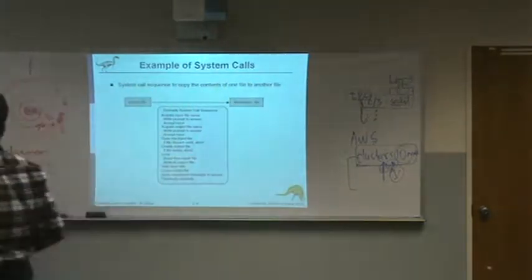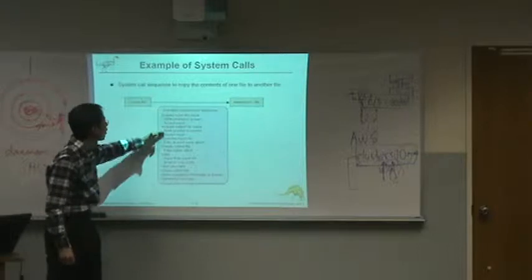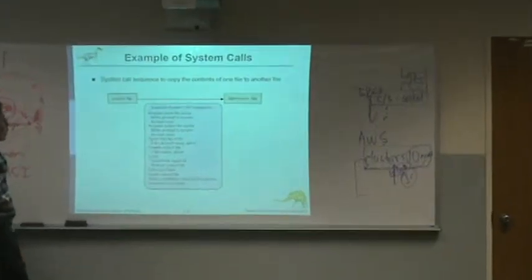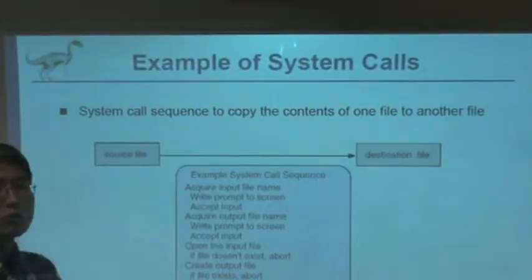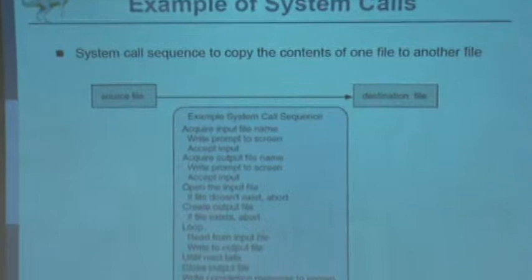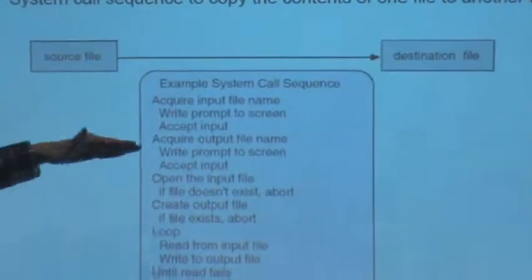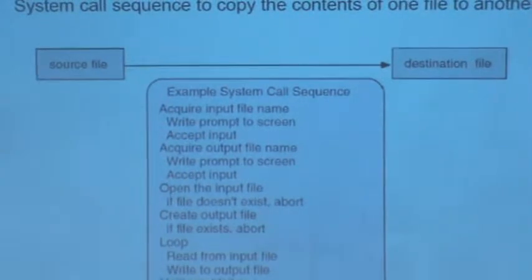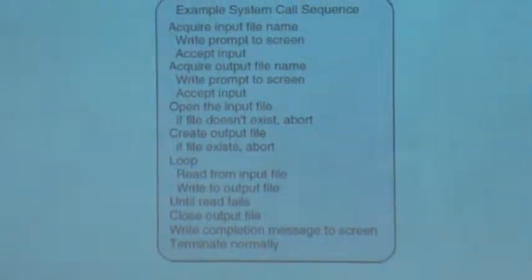Okay. So for example, this is a sequence of system calls to copy a file. When you copy a file, you can just use a function provided by your programming API. But inside your programming API, they actually use such system calls to copy the file.